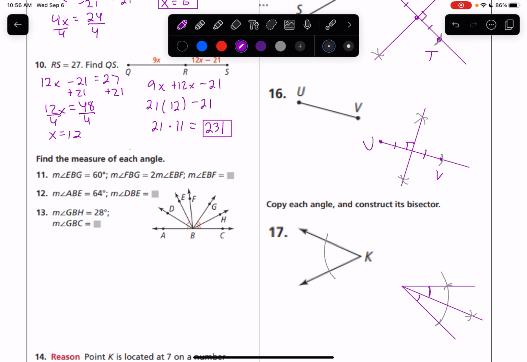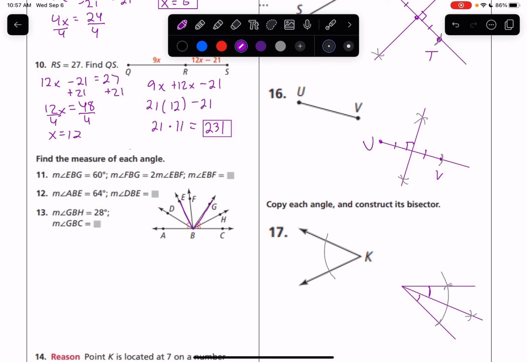Number 11, using this diagram, if the measure of angle EBG is 60, and again, you've got to trace that angle. So EBG is 60. And then the measure of angle FBG, which is inside of there, is twice the measure of angle EBF. Then the measure of angle EBF is what?